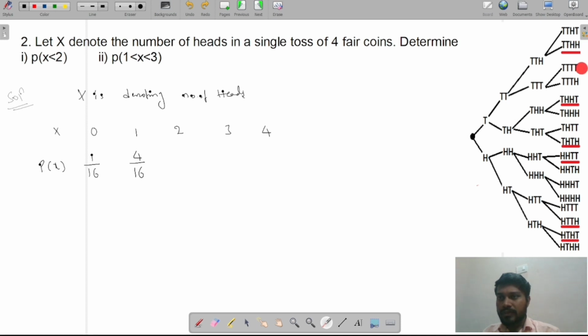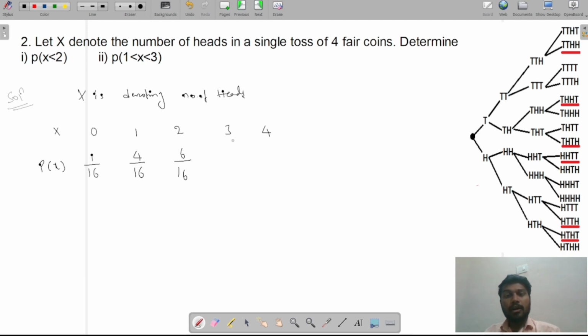One, two, three, four, five, and six. Right. There are six outcomes with two heads. So what is the probability? 6 out of 16.